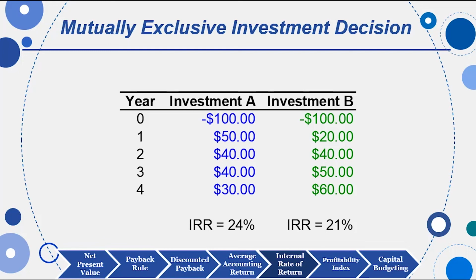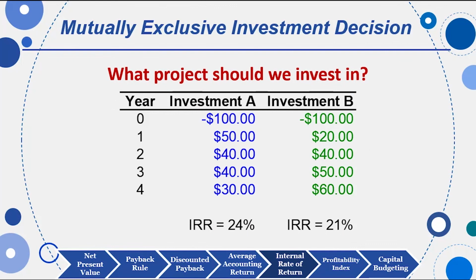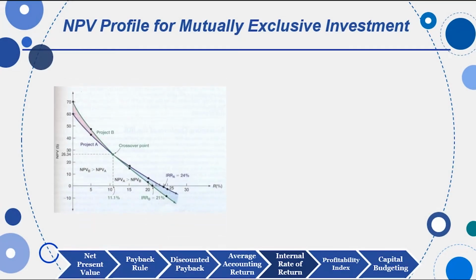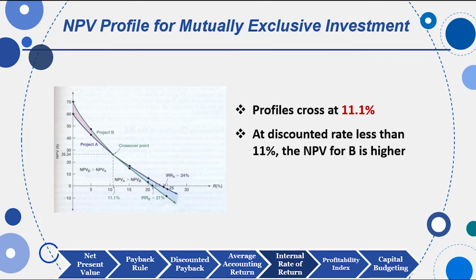But there's a problem with the IRRs because if you plot them and you plot the NPV profiles, you may see that these 2 projects cross over. At the lower rates of return, I take Project A, McDonald's, and at higher rates of return, I take Project B. Project B looks better, and they cross over at about 11%.